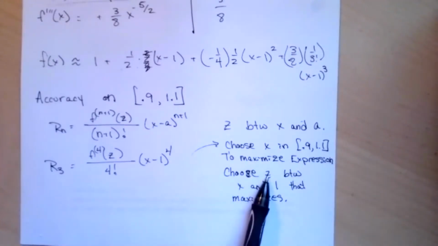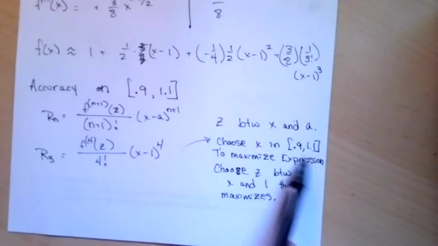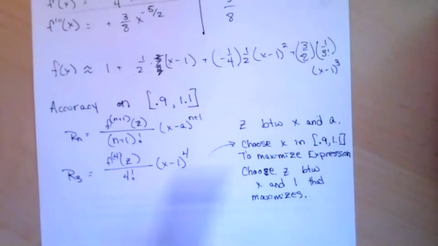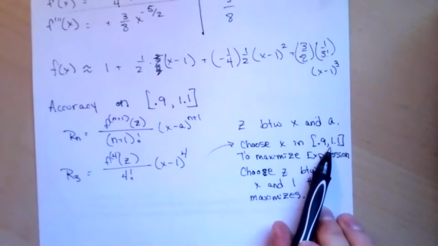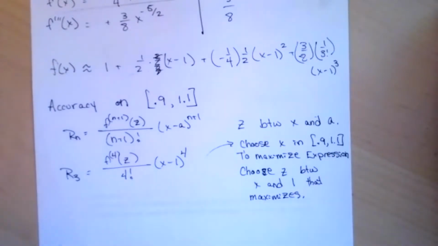Or even worse, the z that maximizes the expression could be somewhere in between if the derivative has a maximum somewhere within that interval. It's usually hard to do, and problems usually are not written that way, especially if the window we're looking at is only 0.2, right?